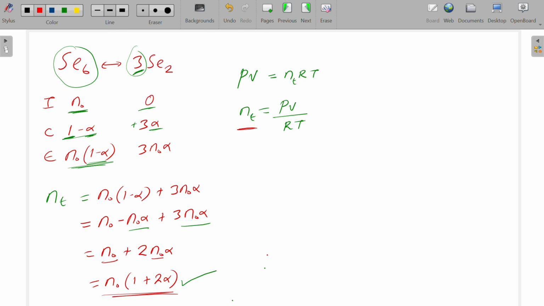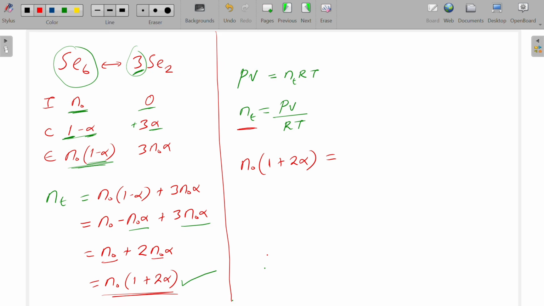So doing that, replacing on the NT there, we'll say we have N initial times 1 plus 2 alpha.